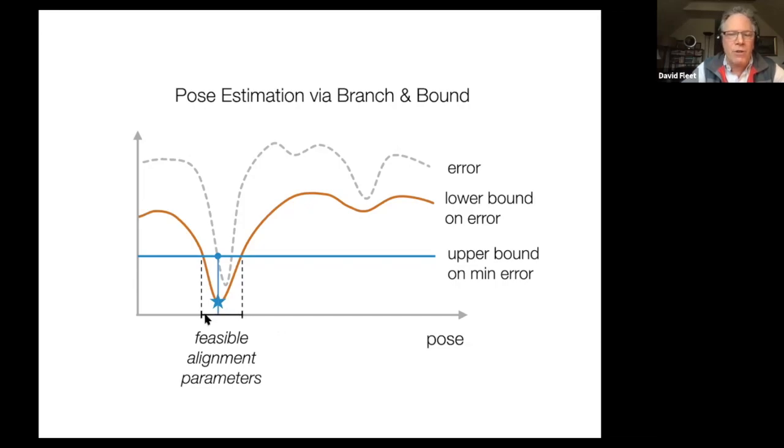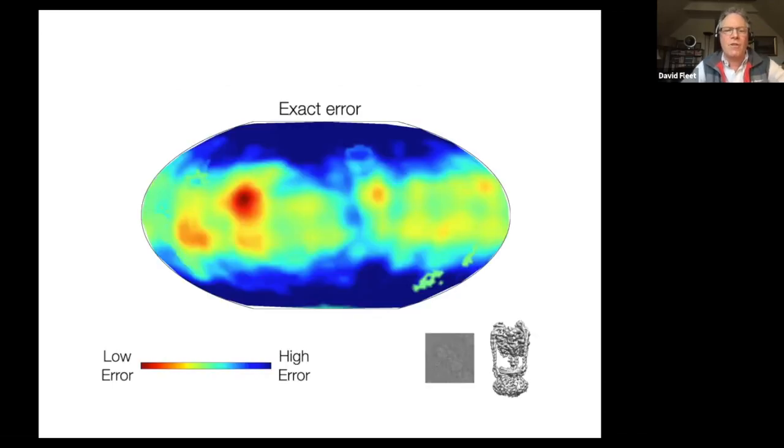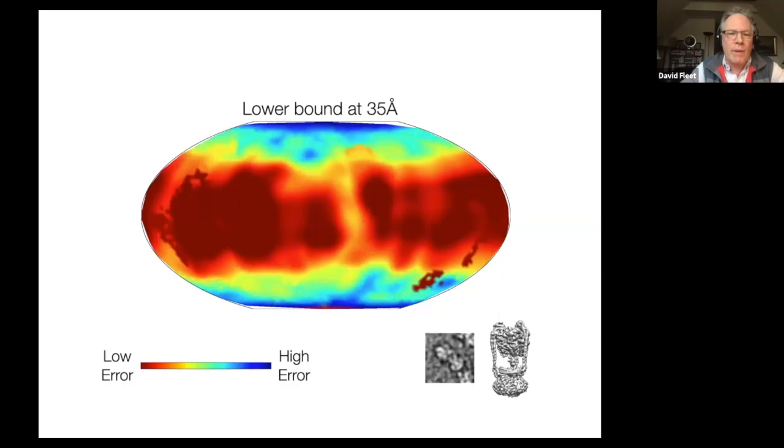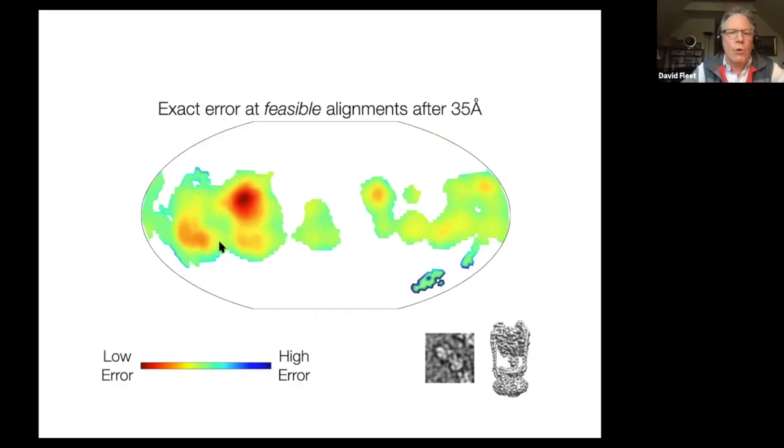And now what you're going to do is compute a slightly better bound, but only in this region, and reduce the feasible alignment. Let me show you what that looks like. So let's say this is the true error, and here's our initial bound. So we find the minimum, that's there, and then based on our branch and bound procedure, we calculate the true error only at that point, and then based on our branch and bound, upper bound and lower bound, we know that the true minimum is only in this colored area.